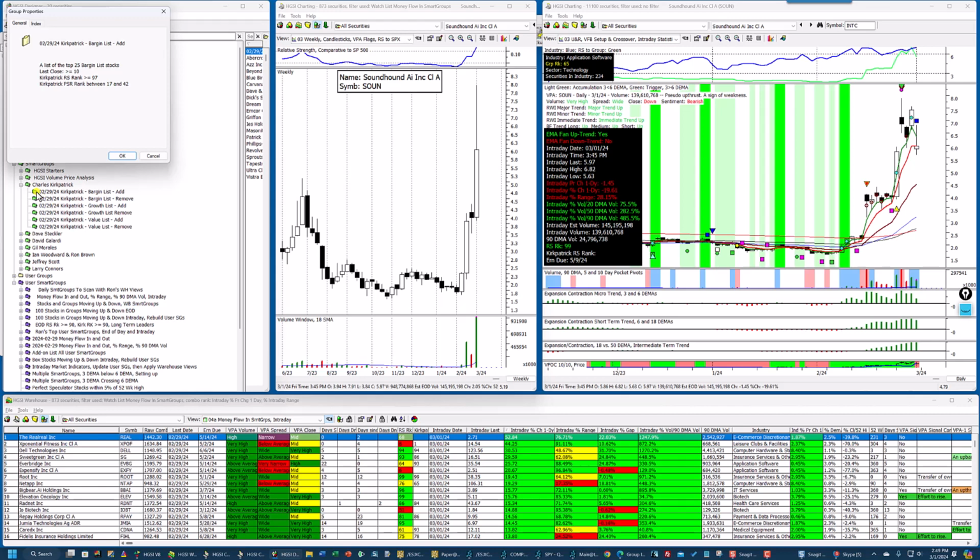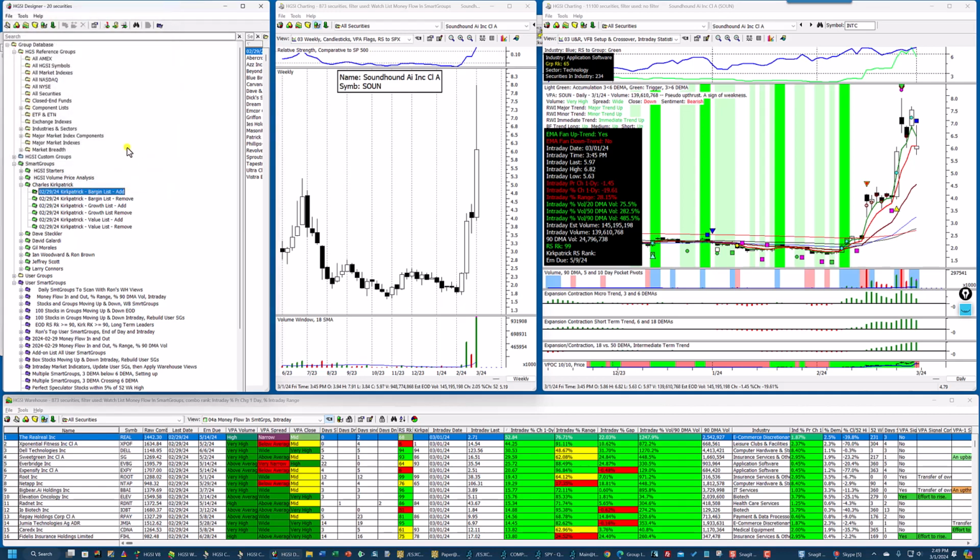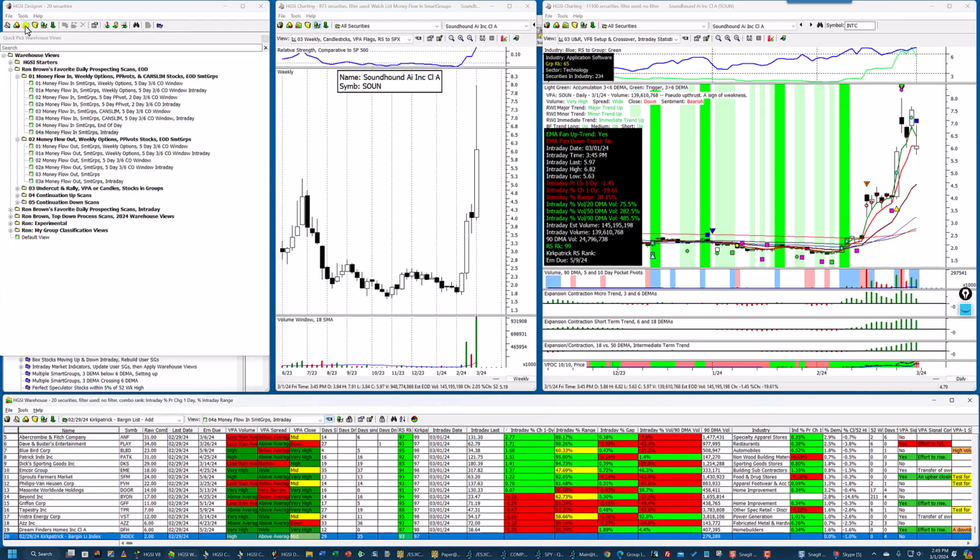Just right mouse click and go to group properties, and it says last close is 10, the RS rank is 97, and the price to sales ranks between 17 and 42. He considers these bargains.